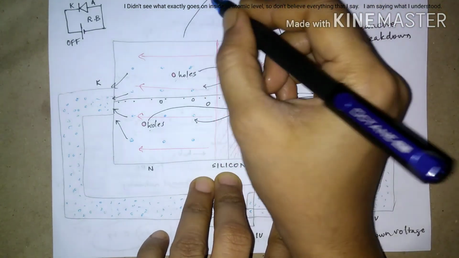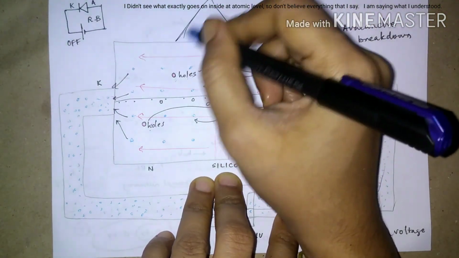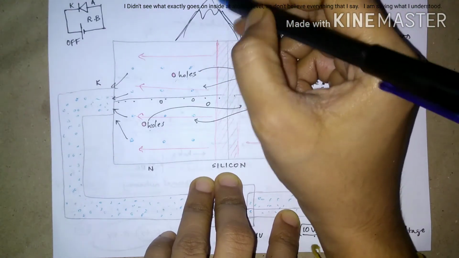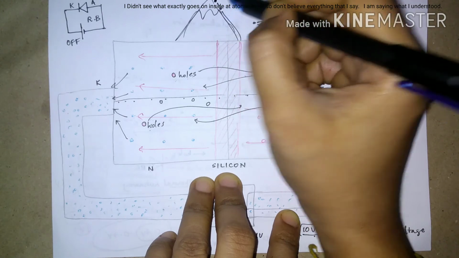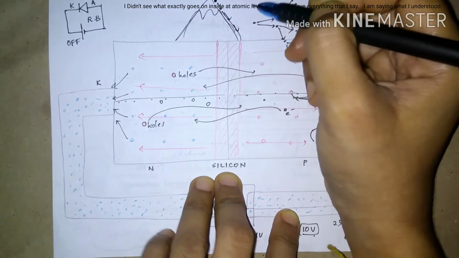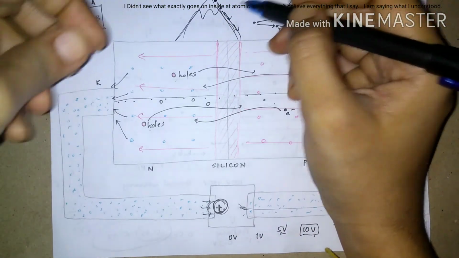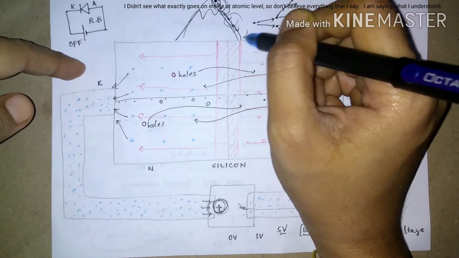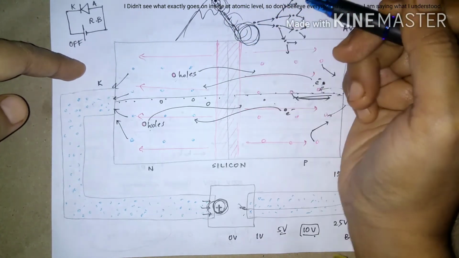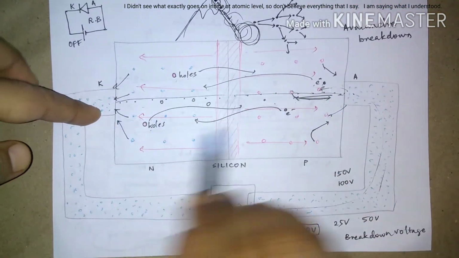Something like, you can imagine a mountain, a snow mountain. Let's say a small ball or small rock is coming down with force, then all the snow gets stuck to it, and as it rolls and rolls, it becomes big in size and speed also increases. Same thing happens here.